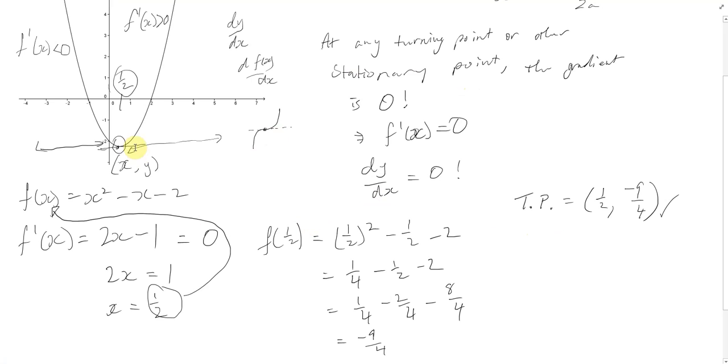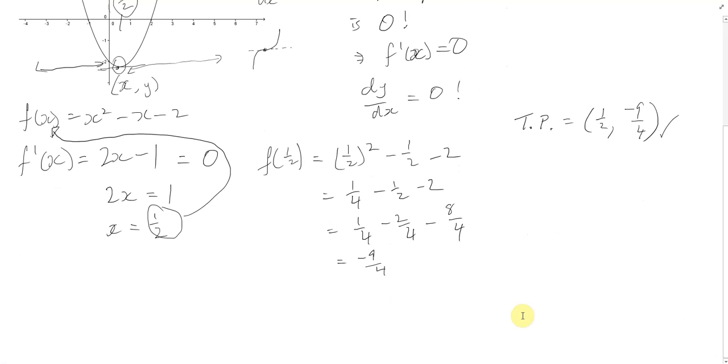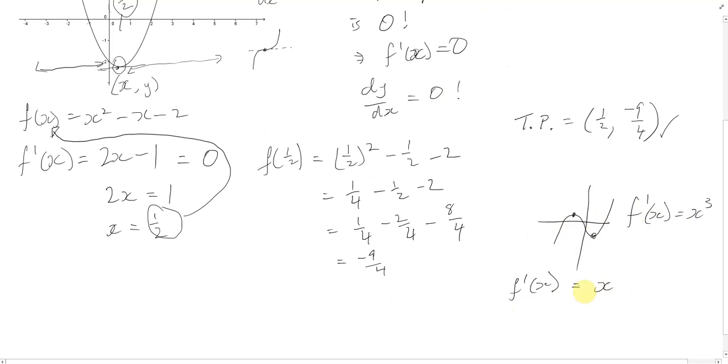Okay, now of course, if you've got a case where you've got two turning points, like a cubic for example, so you've got something that looks a bit more like this, and there are two turning points, that means when you find your derivative, f dash of x, because our original function had an x cubed term in it, your derivative function is going to have an x squared in it somewhere, plus some other stuff maybe, which will give you two answers for x. x equals something or something else.